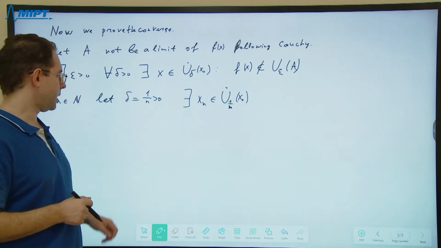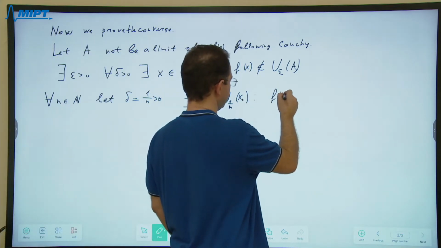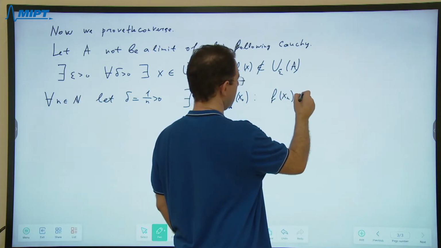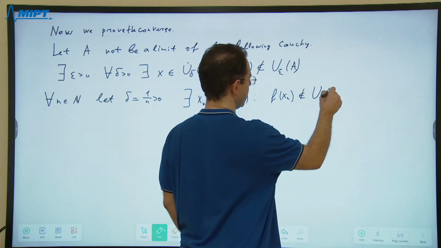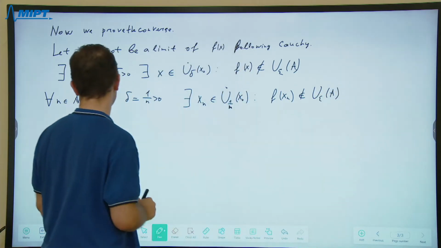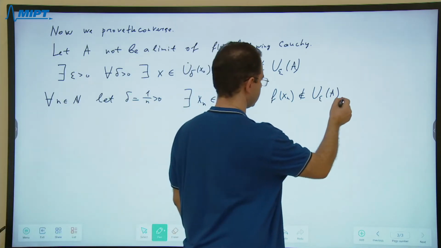There exists such xn, such that f of xn is not from epsilon neighborhood of A. Very well.